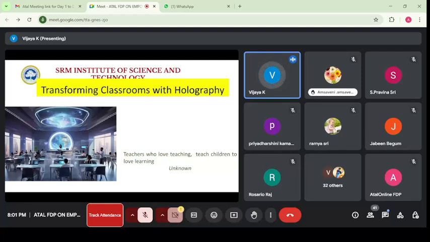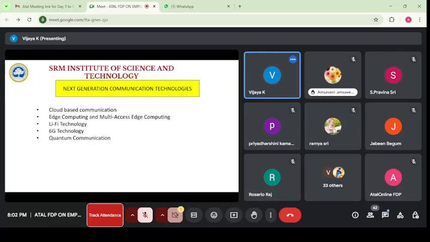With that said, let me move on to some of the next generation communication technologies that are being explored. One is cloud based communication, edge computing and multi access edge computing, Li Fi technology, 6G technology, quantum communication, terahertz communication is coming into existence, and satellite internet is another upcoming technology.